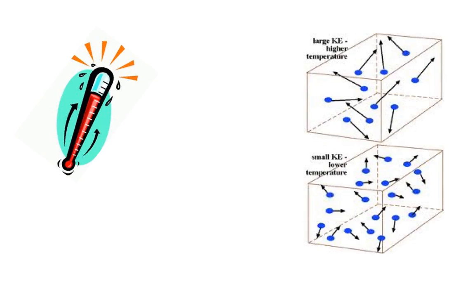The last thing we're going to address with the kinetic molecular theory is that at any given temperature, gas molecules have a wide range of kinetic energy. Temperature is the average kinetic energy.